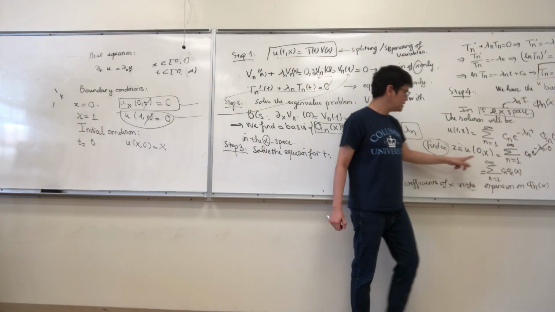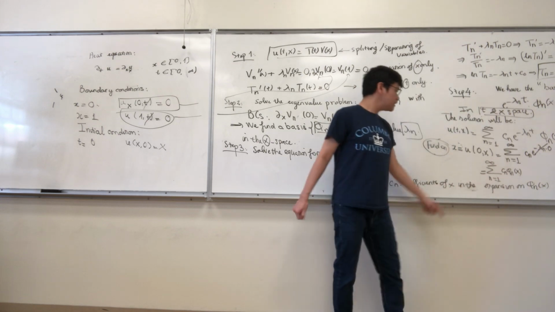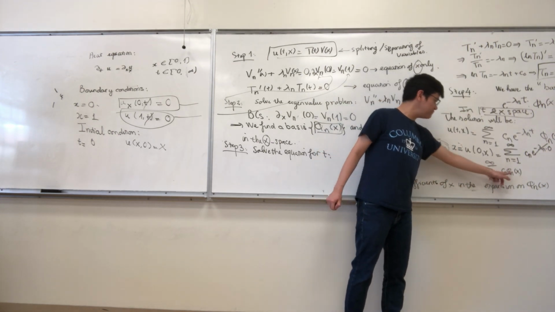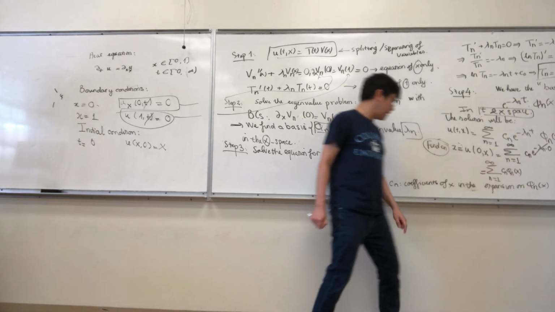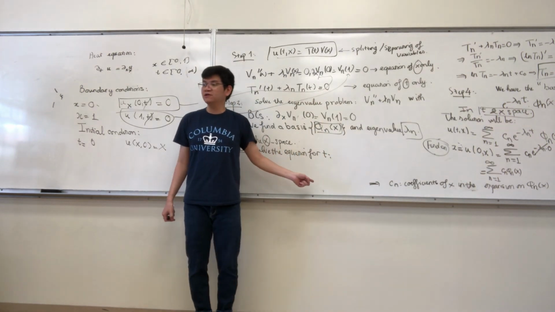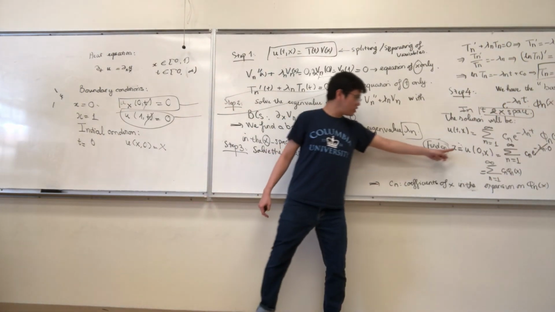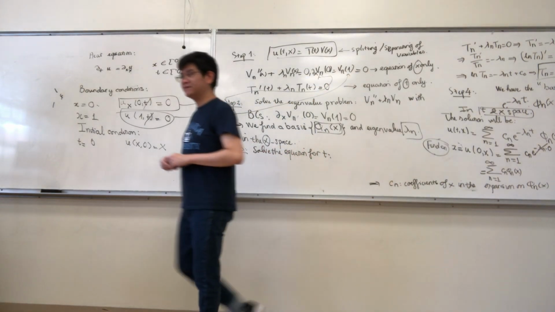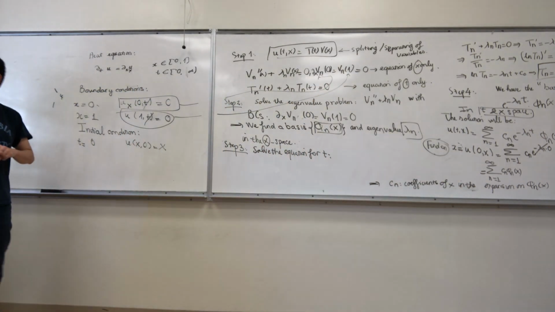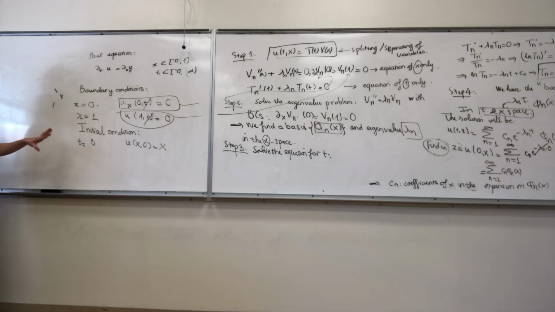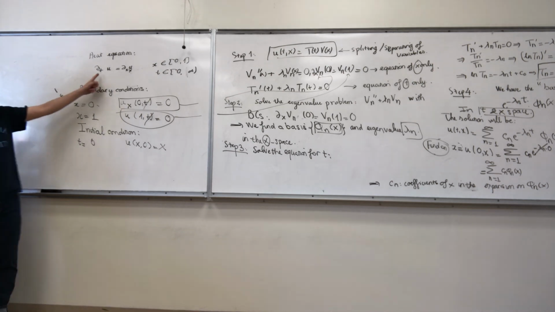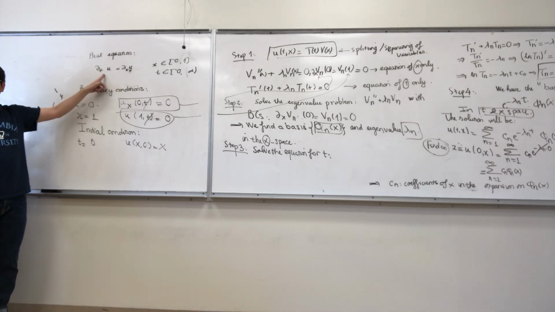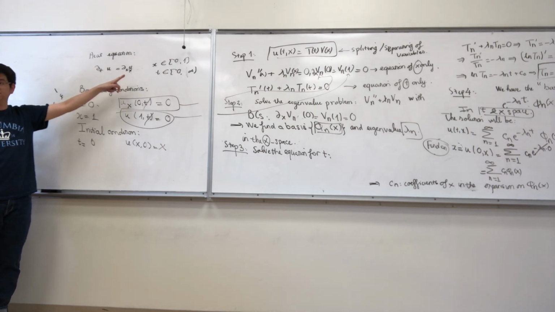So x is the sum of Cn Vn, which means Cn is the coefficient of the initial condition x on Vn(x). Questions? Basically this is the scheme we are going to use to solve the heat equation, where you have the first derivative in time and the second derivative in space.